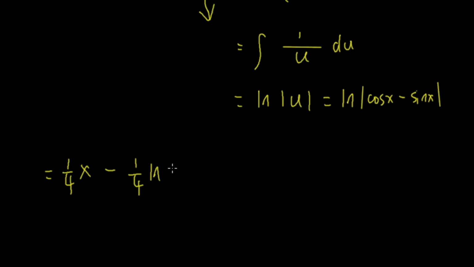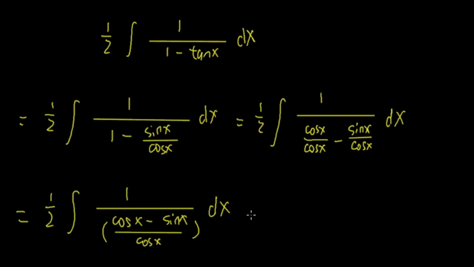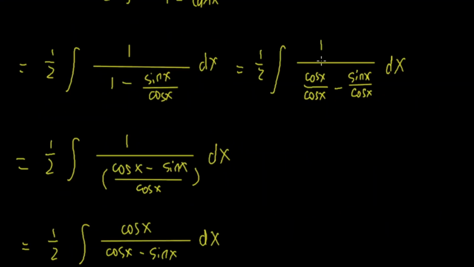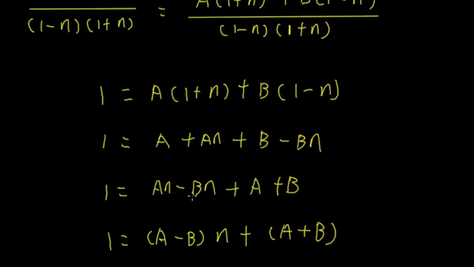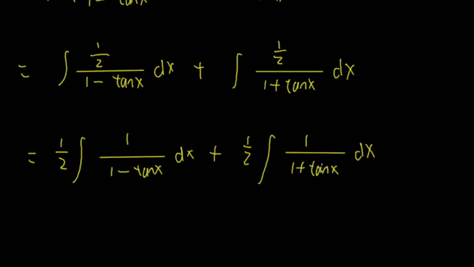So that's ln of cosine x minus sine x. Okay, so we just did the integral for this. Now, we have to do the integral for the second one, which is this one here, 1 over 1 plus tangent x.